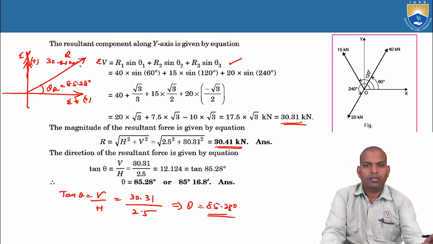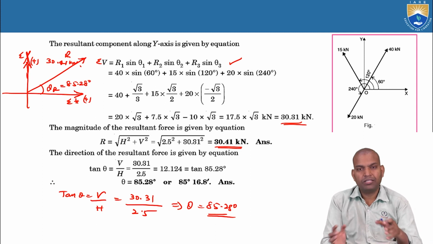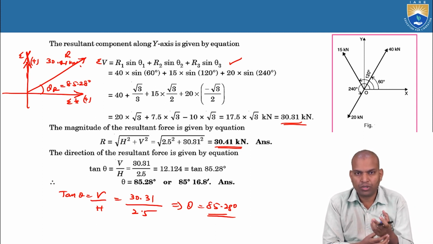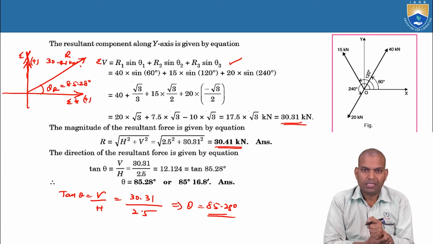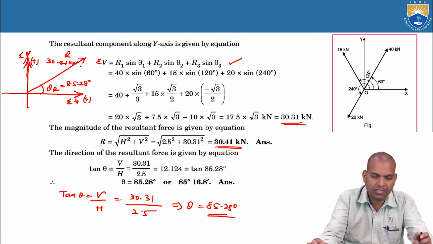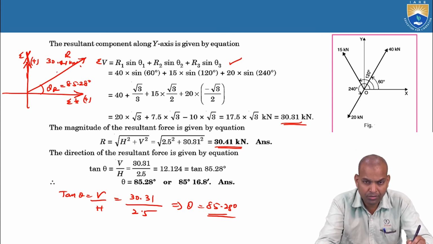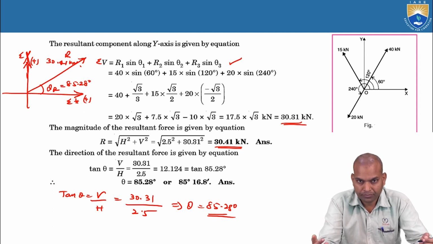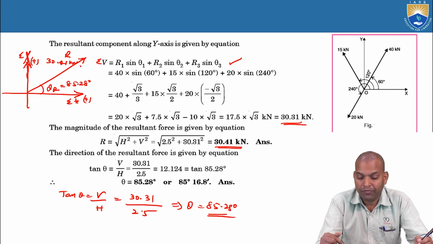kilonewtons. So the effect of all three forces R1, R2, R3 can be replaced by a single force, the resultant force, with the value of 30.41 kilonewtons. You see here, it's so mystic. 40 kilonewtons is making an angle of 60 degrees, 15 kilonewtons is making 120 degrees, 20 kilonewtons is making 240 degrees.